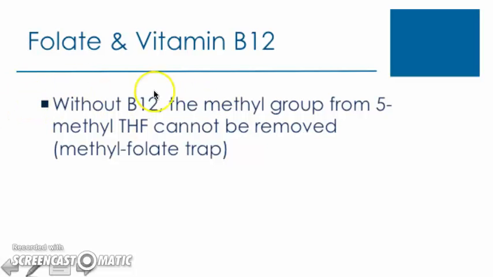However, with low vitamin B12 status, so if someone has a deficiency in B12, the cobalamin cannot act to transfer the methyl group from 5-methyl tetrahydrofolate to homocysteine, and this is called the methylfolate trap. So that methyl group is trapped with folate, with the 5-methyl tetrahydrofolate cannot be transferred to the homocysteine, which may thus affect also methionine synthesis.